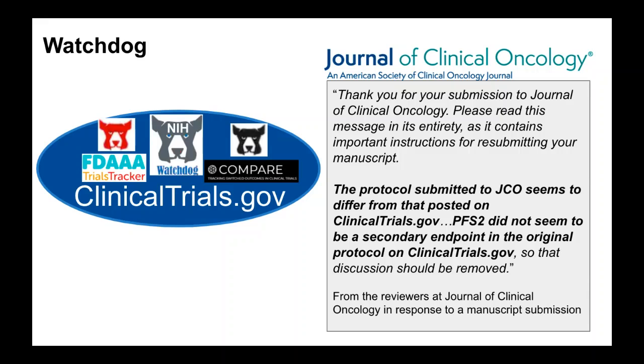So they found a discrepancy between reported outcomes in the manuscript and ct.gov. And in this letter, editors are requesting the investigator to remove this significant secondary outcome from the discussion section.